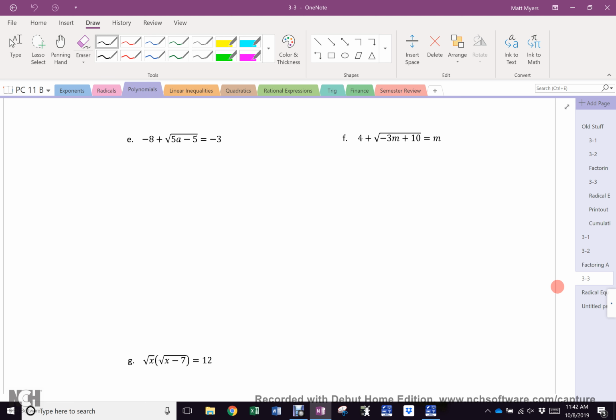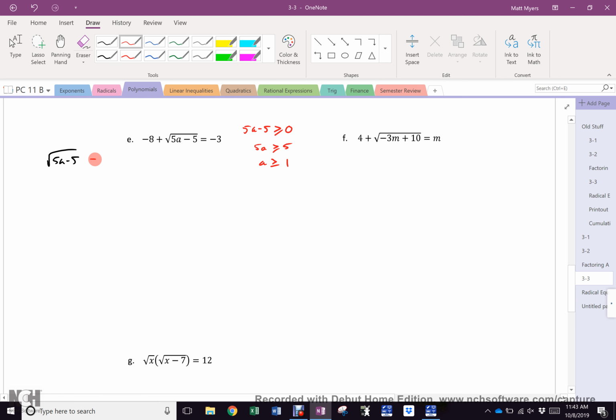Okay. All right. So, of course, obviously, this is isolate the radical. But, of course, you might want to take care of your restrictions first. 5a must be greater than 5. A must be greater than or equal to 1.